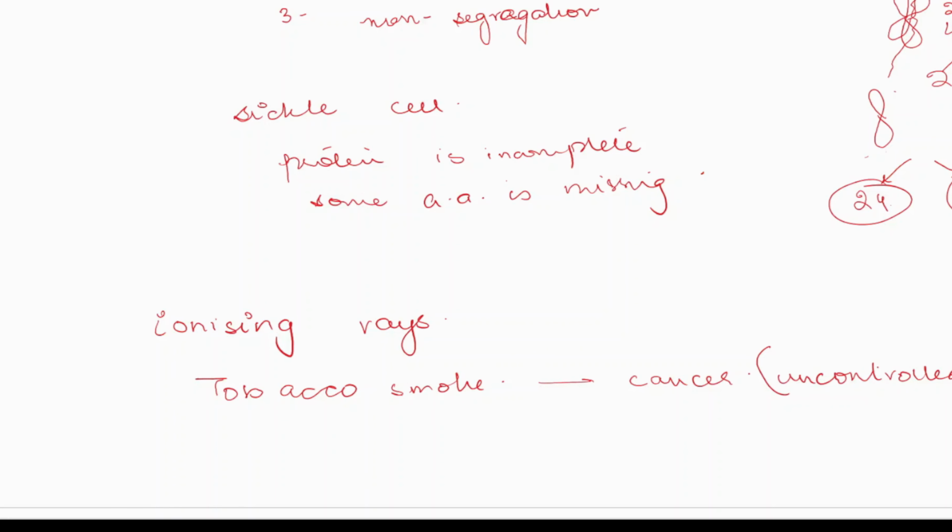The cells are dividing normally. Due to some mutation, the cell division is uncontrolled. So there would be a mass of cells that are not normal. That is cancer. So tobacco smoke is also one of the major causes.